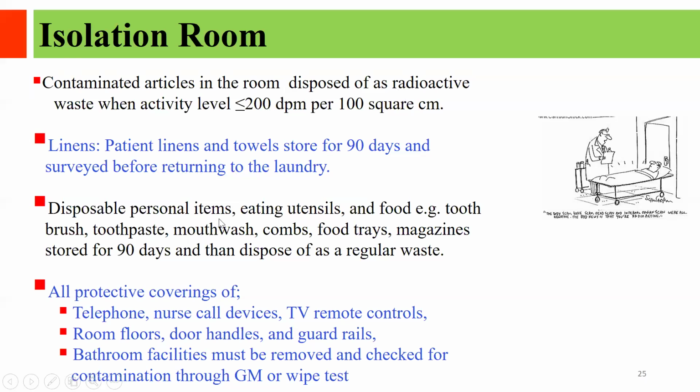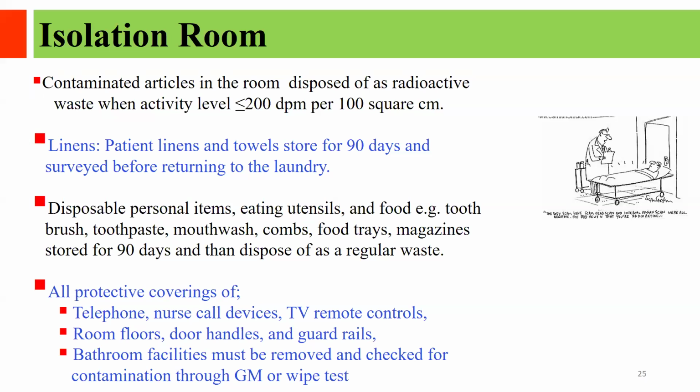Similarly, disposable personal items, eating utensils and food, for example toothbrush, toothpaste, mouthwash, and combs, are all considered as waste, because whatever iodine has been secreted in saliva, and whatever activity comes through the perspiration of the human body, all leads to waste being generated.